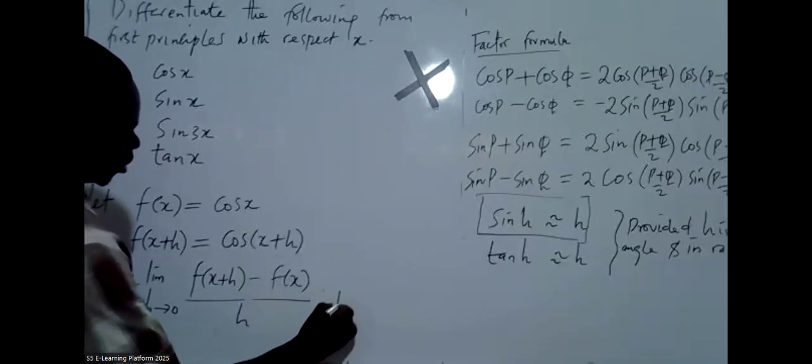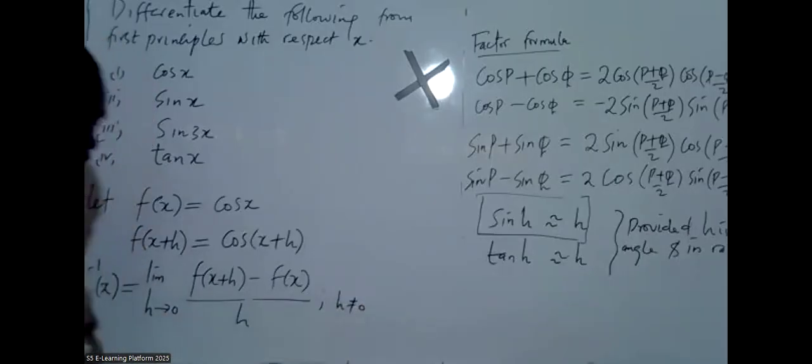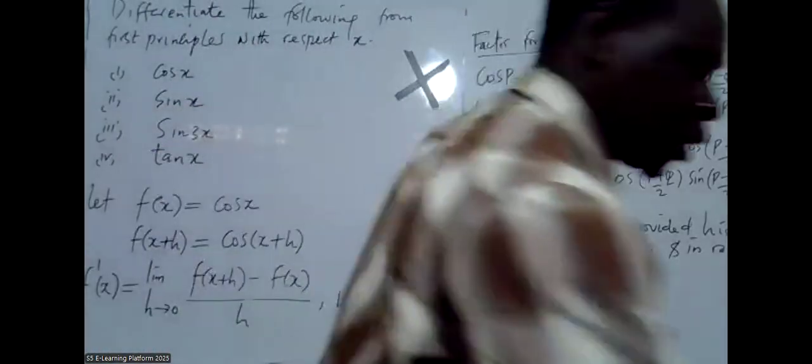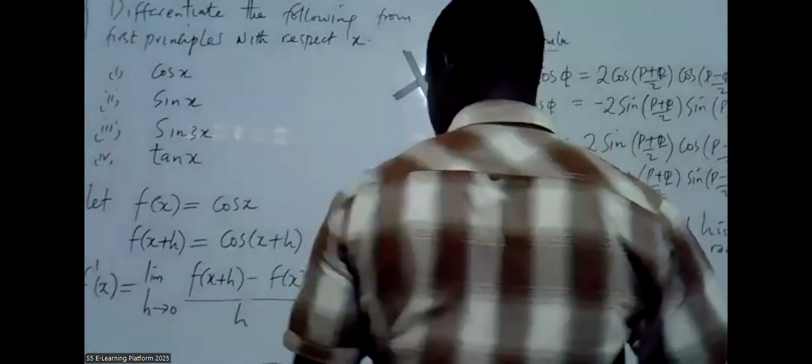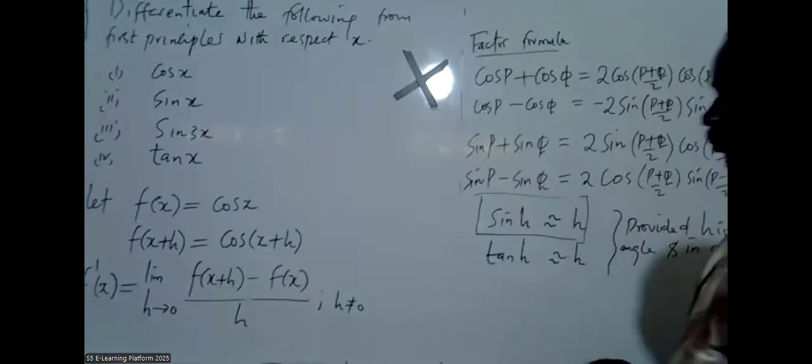This is provided h is not 0. Our goal should be to find the value of h, cancelling out that h in the denominator. And once that is achieved, we shall be able to evaluate the limit. But before h in the denominator cancels out, you can't evaluate that limit.